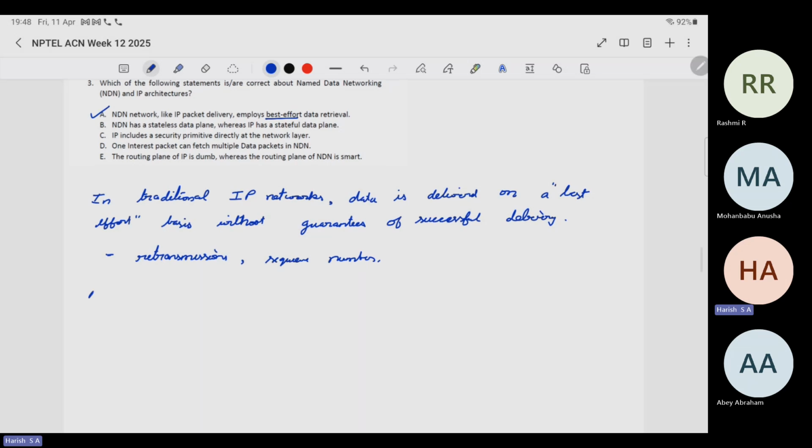So NDN changes the content retrieval paradigm, right?